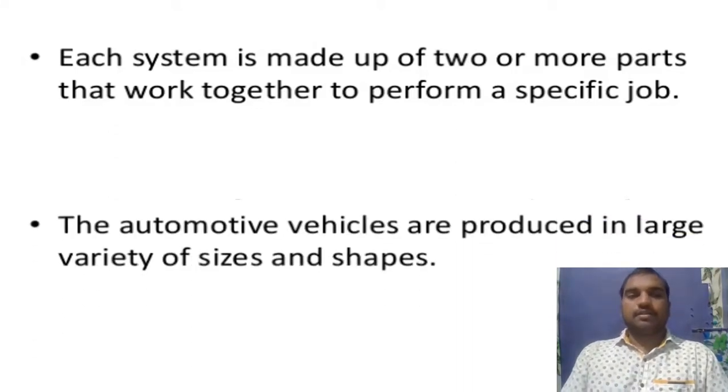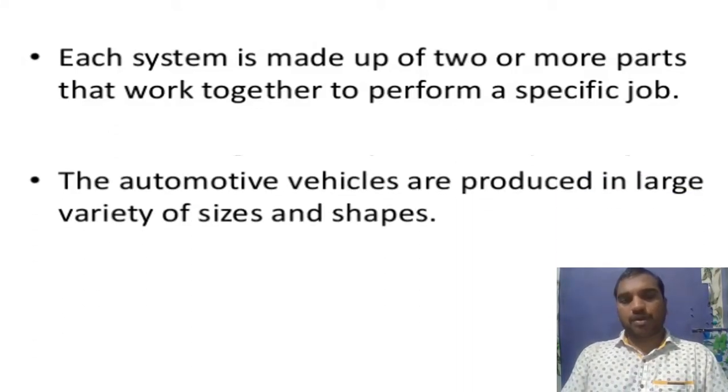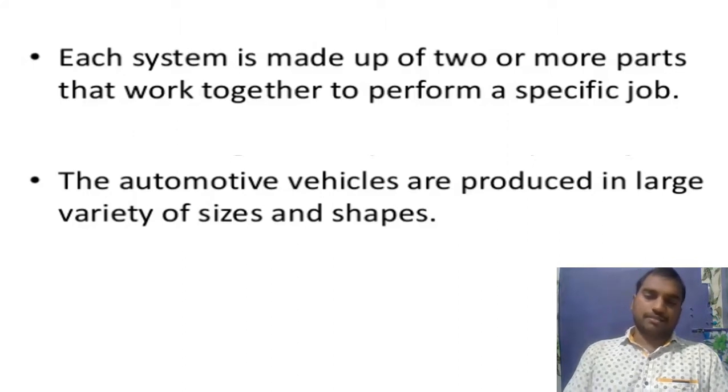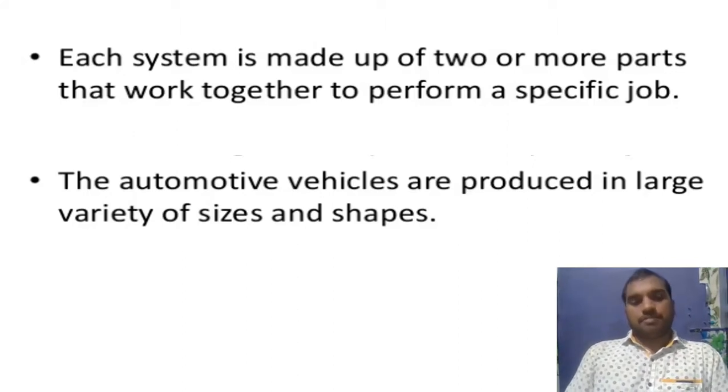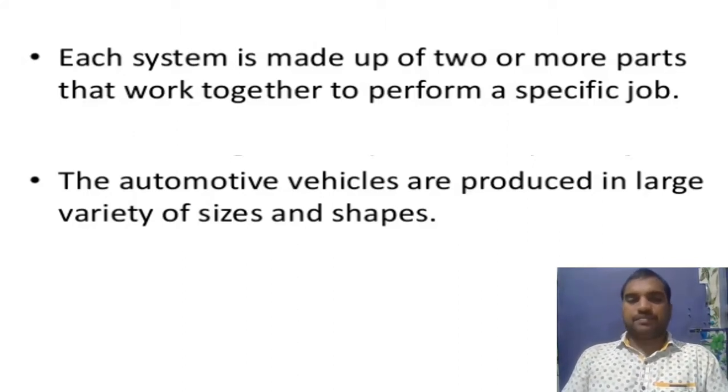Coming to the next point on the screen, automotive vehicles are produced in large varieties of sizes and shapes. They are mass produced with different shapes and sizes according to customer need.